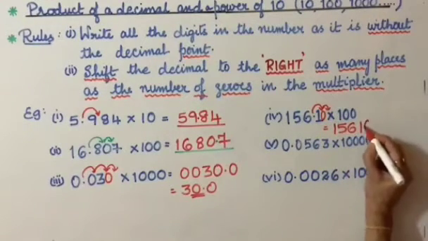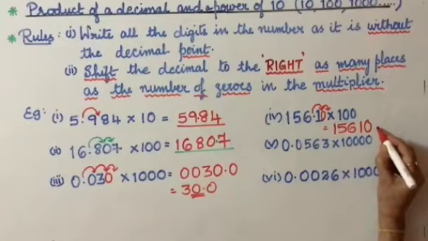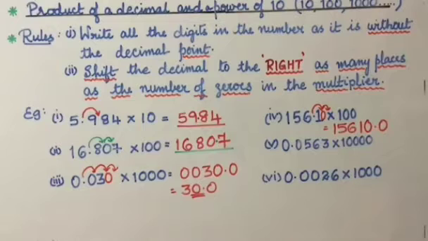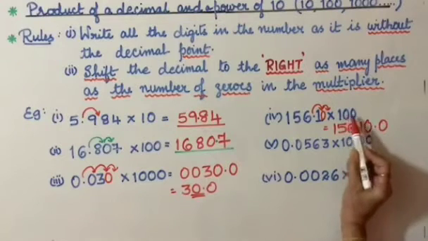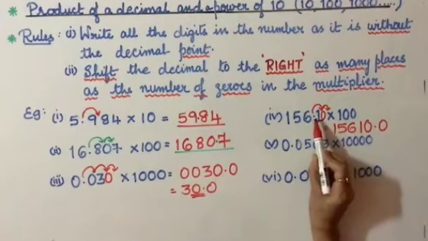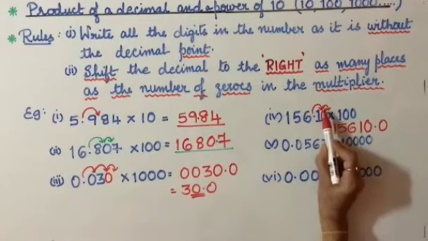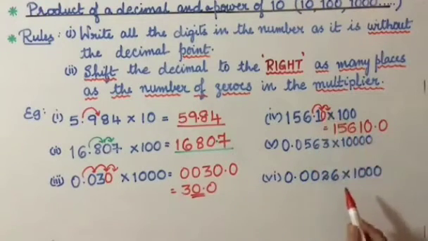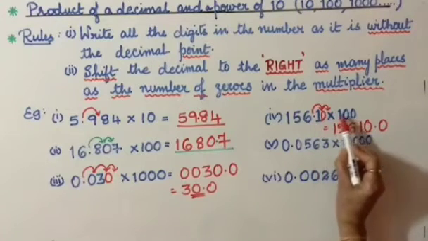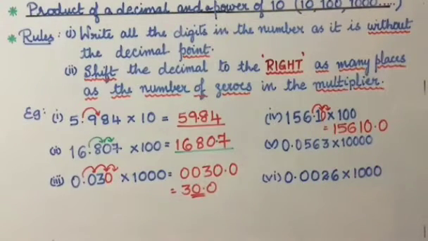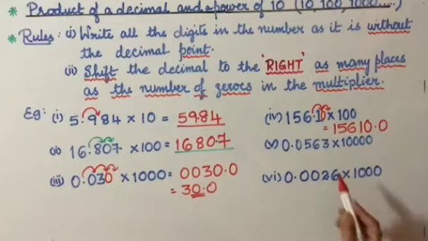So your answer is 15610.0. Children, I repeat, 2 zeros, I have only 1 decimal place. So 1 I have shifted. For the second decimal place, I can add 1 zero. I told you, after the number, any number of zeros you can add in the decimal part.